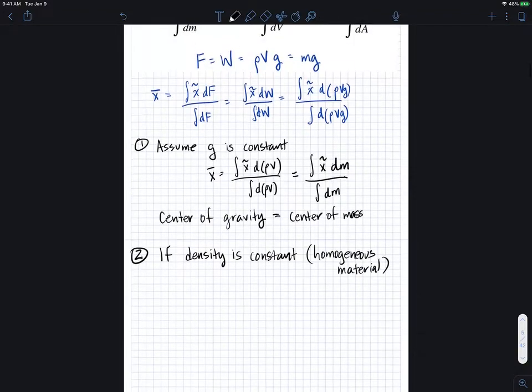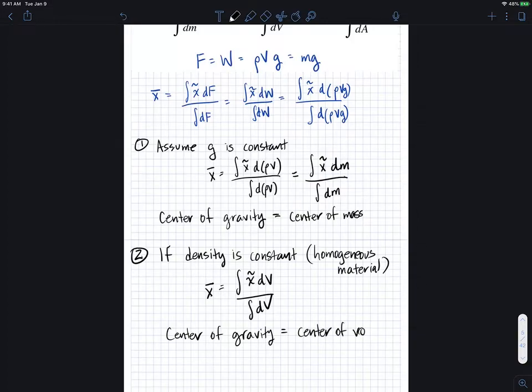If this is true, then we can go back up to this equation: if we still assume gravity is constant and density is constant, all that's left is the volume. So the center of gravity is equal to the integral of x dv over the integral of dv. Therefore, the location of the center of gravity is wherever the center of volume is.